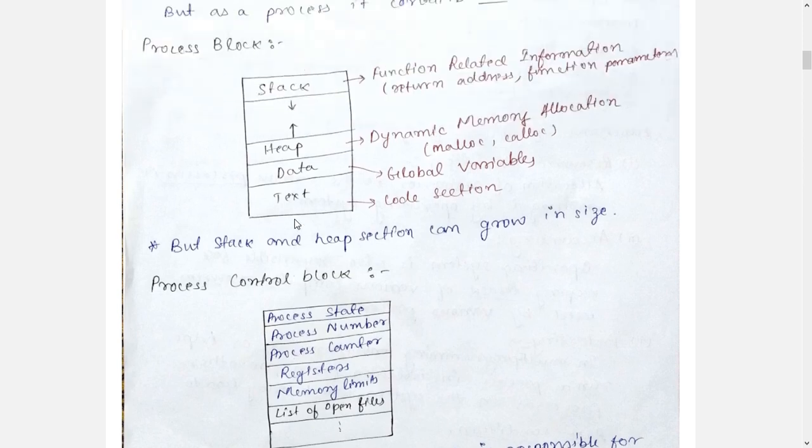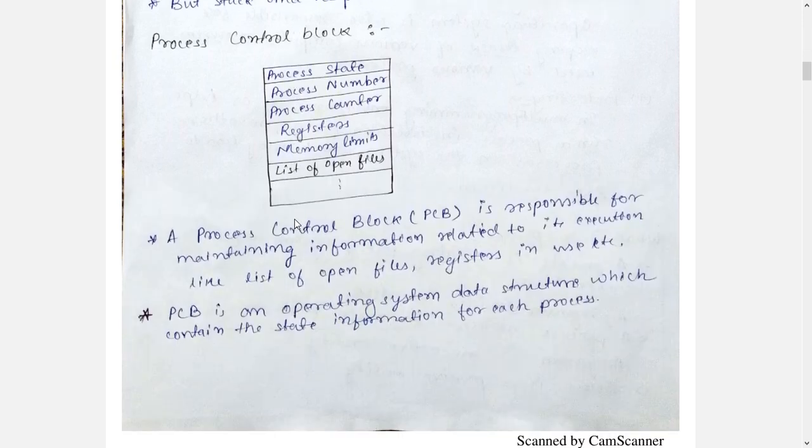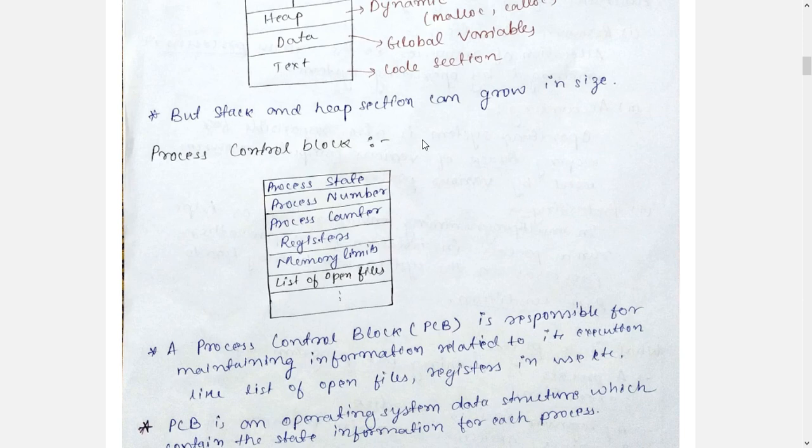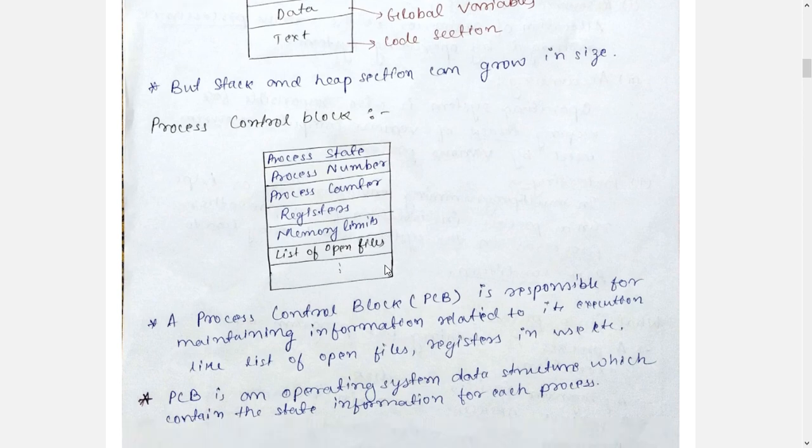Then there is this process control block. Each process needs to maintain some information. This is basically accounting, maintaining information like what is the process number of the process, how many registers are in use, how many files the process has opened, and all this information is maintained in this data structure called process control block.